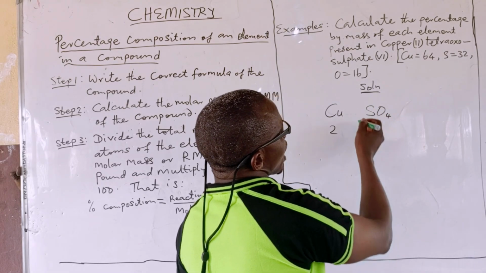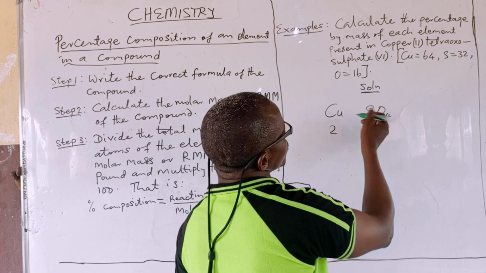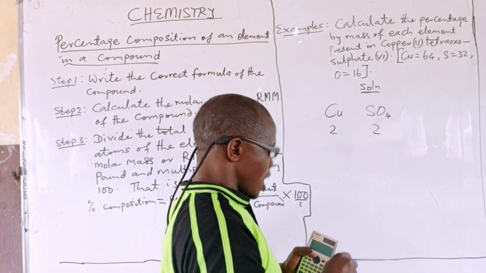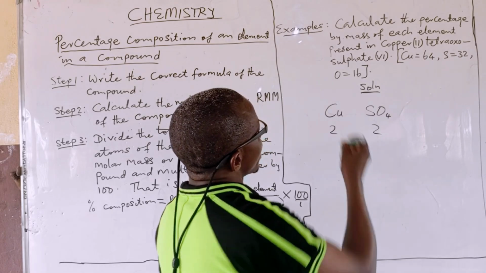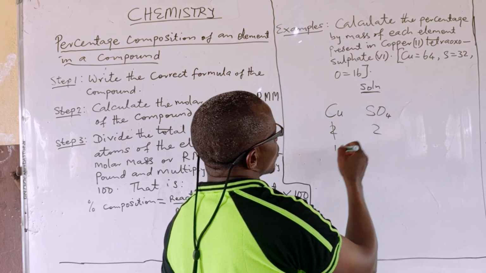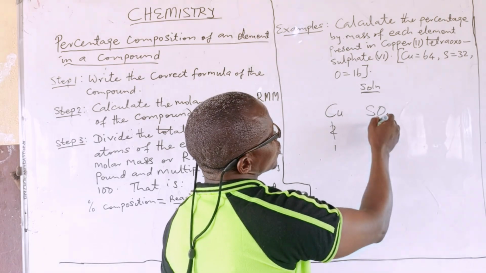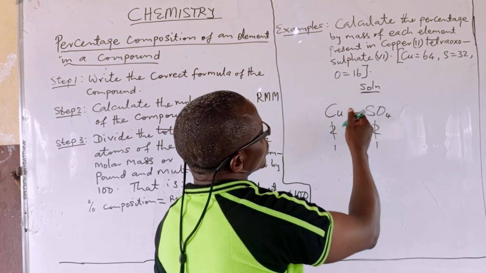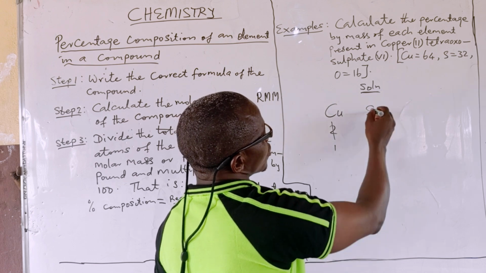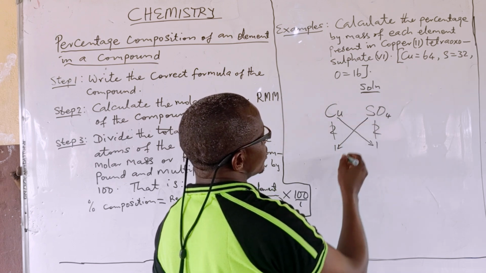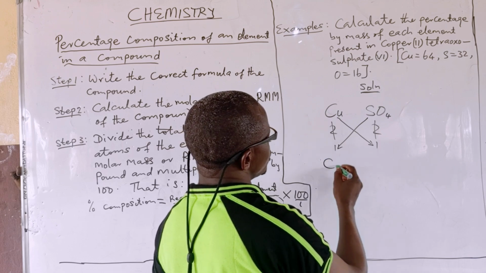So from here, I can cross multiply. But before I cross multiply, something can cancel something. I can see that 2 can cancel 2. This is the valency of copper here. 2 cancels itself to 1 and 2 cancels itself to 1. So now you cross multiply this to this, cross multiply this to this, and that gives you something like this. And you have what?